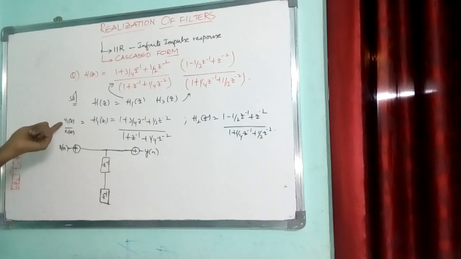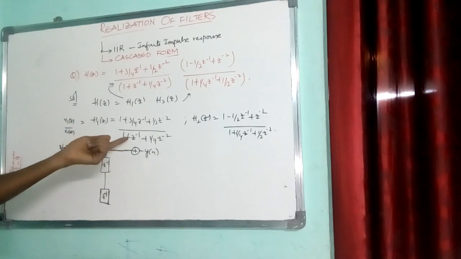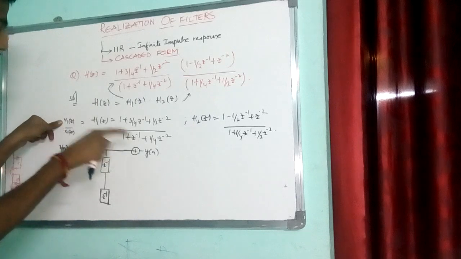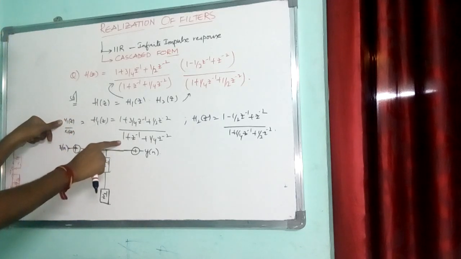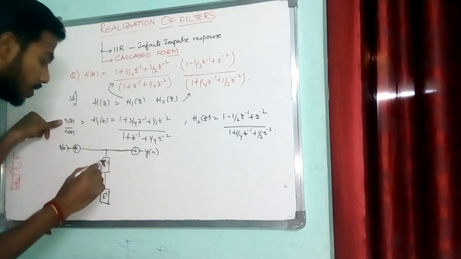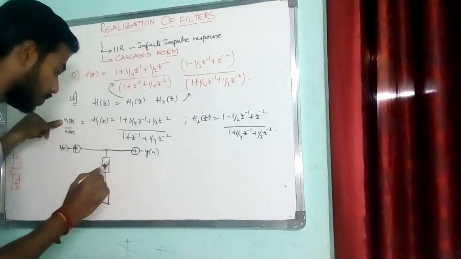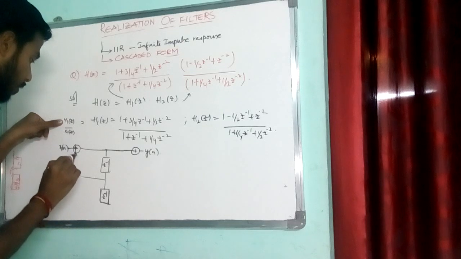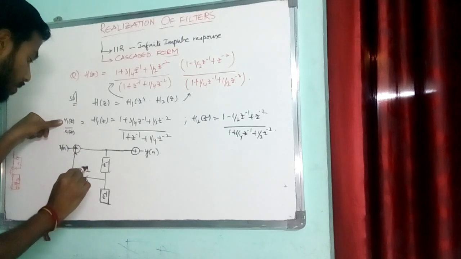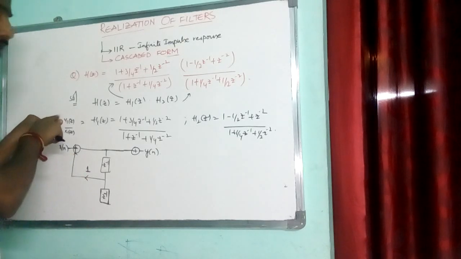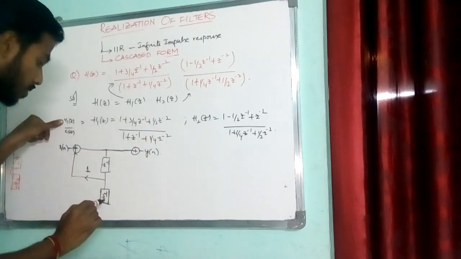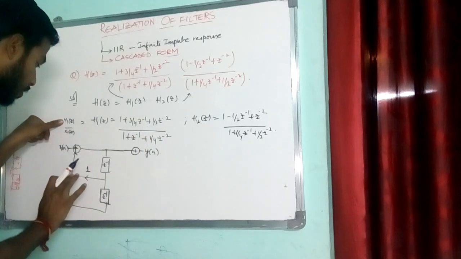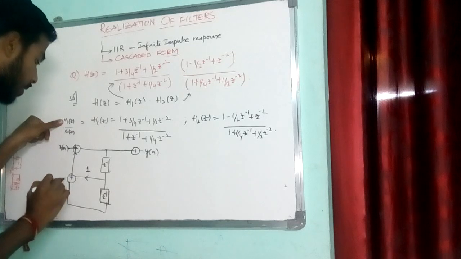Now when we cross multiply this, y1 of z plus y1 of z into z inverse. So y1 of n is with a coefficient of 1. y1 of z into 1 by 4 z inverse 2. Here I need to have some adder.